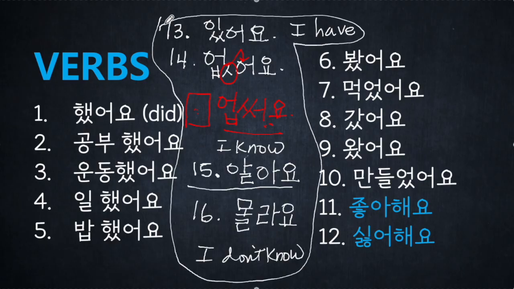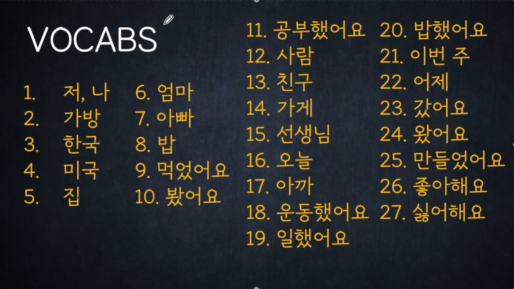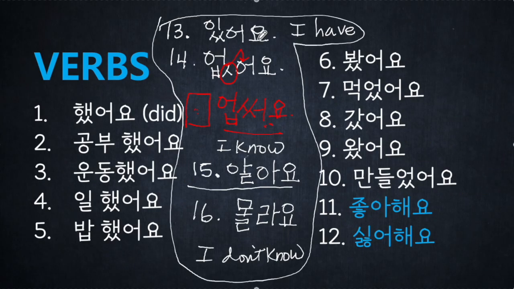So far, these are the vocabularies that you should know. You could pause it and make sure that you know this. Up to 27, but like I said, you know a few more. I'll add the ones that I just added, like 있어요, 없어요, 알아요, 몰라요, things like that.